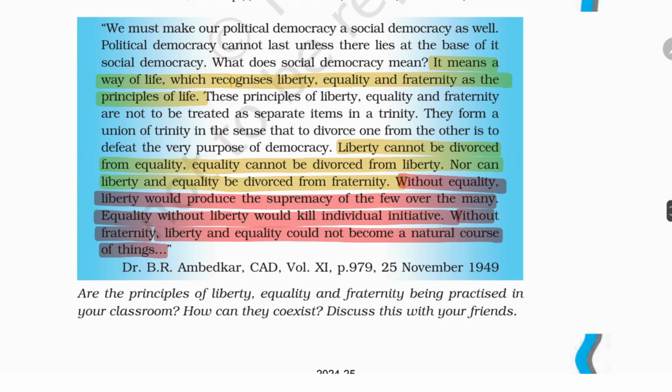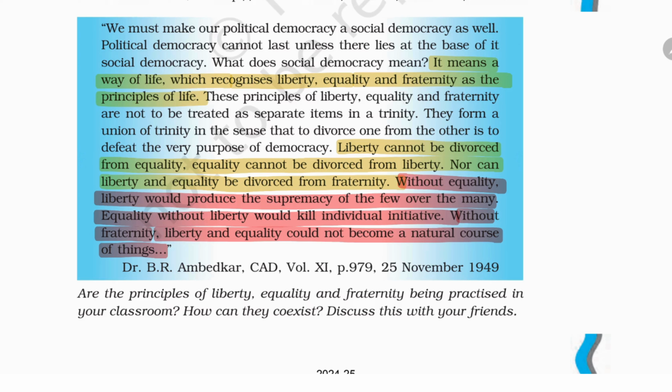We must make our political democracy a social democracy as well. Political democracy cannot last unless there lies at the base of it social democracy. What does social democracy mean? It means a way of life which recognizes liberty, equality, and fraternity as the principles of life.